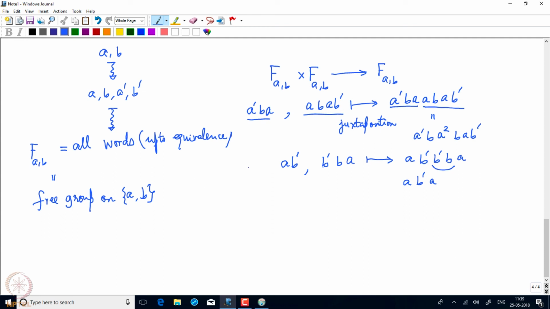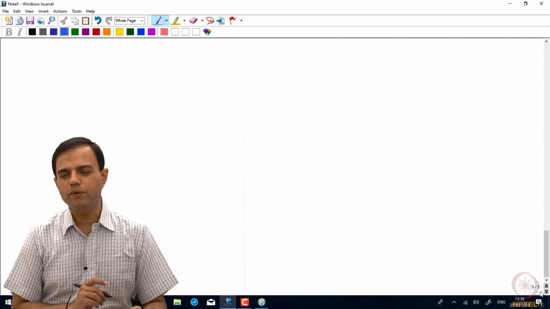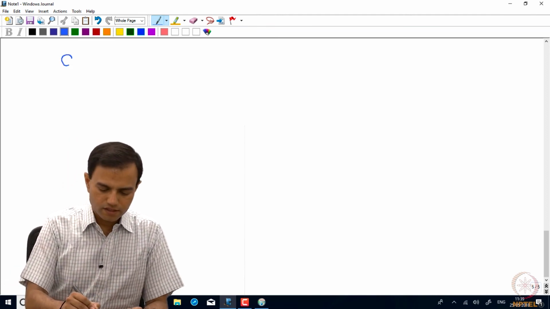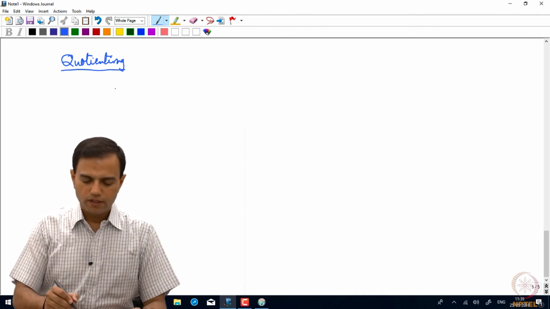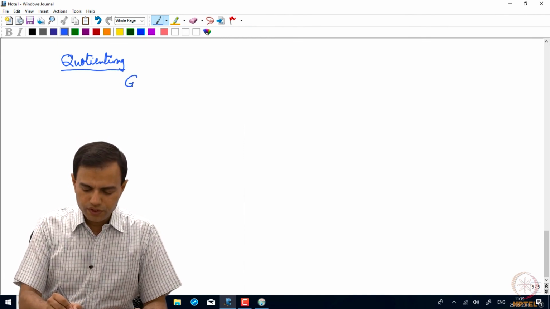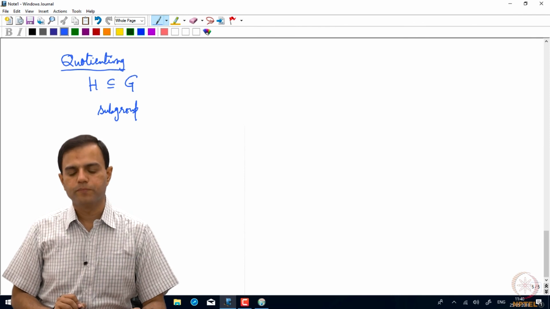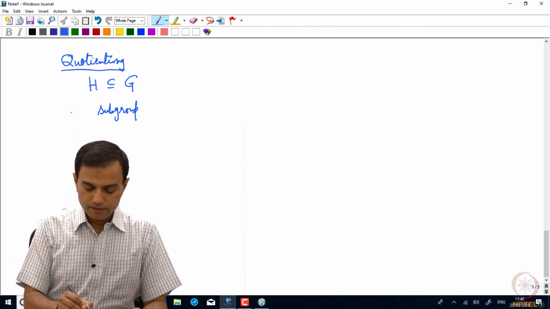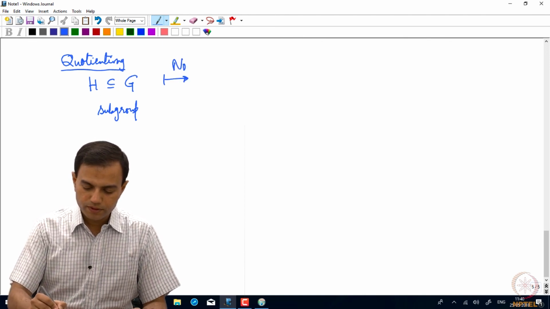Few more words before I stop. Here is a notion of quotienting, which I am not going to make very precise. So whenever you have a group G and whenever you are having a subgroup H, here is a definition.